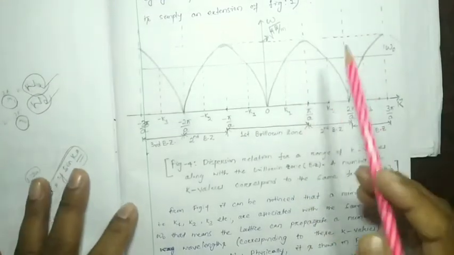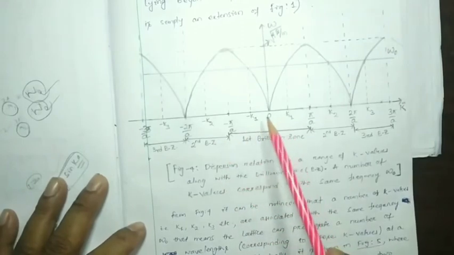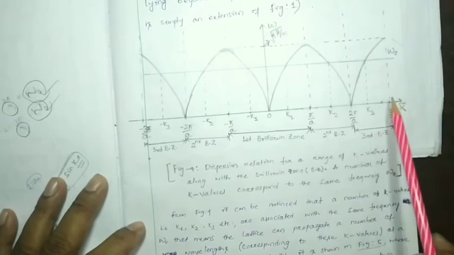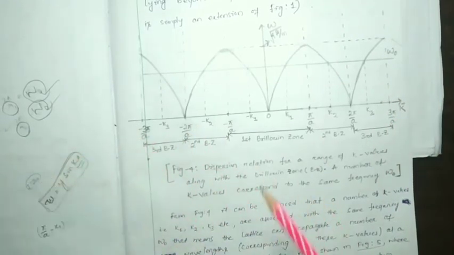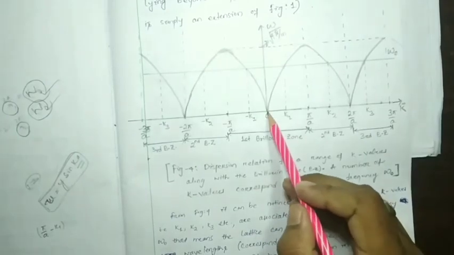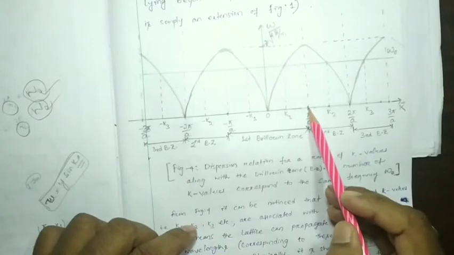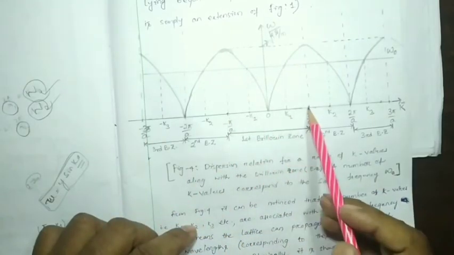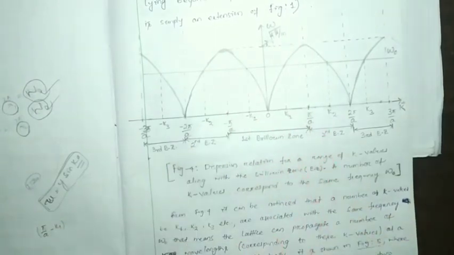So this figure is the dispersion relation, extended over the k values, which extend towards infinity on this side. Here this is 0, this is minus pi by a, this is pi by a, and we discussed just now that minus pi by a to pi by a belongs to the first Brillouin zone.